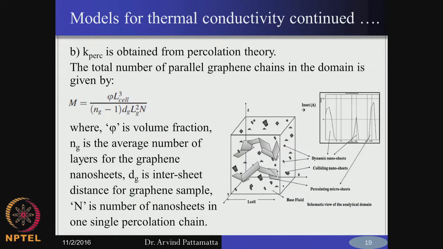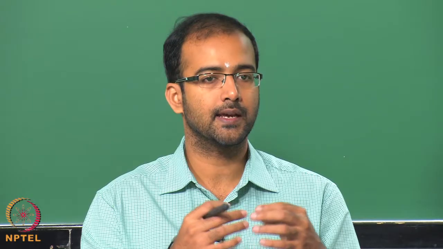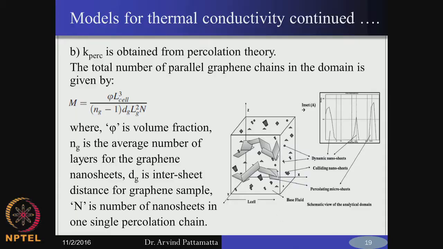As I said, if you have carbon nanotubes, they will form linkages with several of these nano sheets which are linked together in a chain, and several of these chains in parallel. So, we have to also look at the conduction through these chains. There is a conduction of heat from, for example, left to right, through these chains because they form a conduction network.